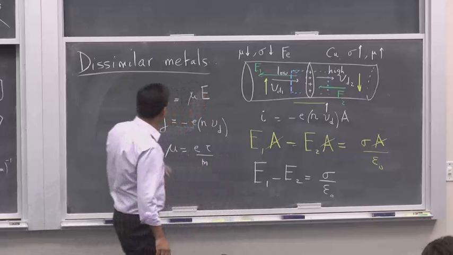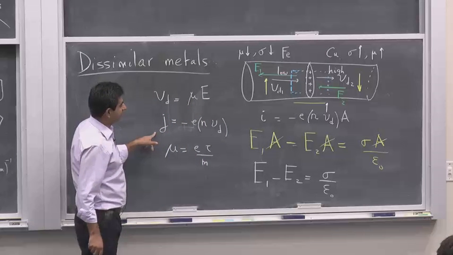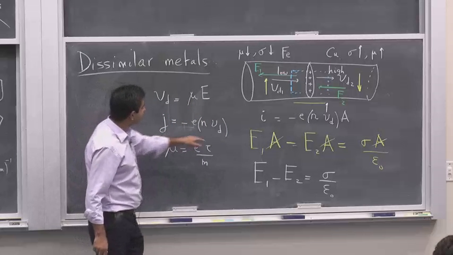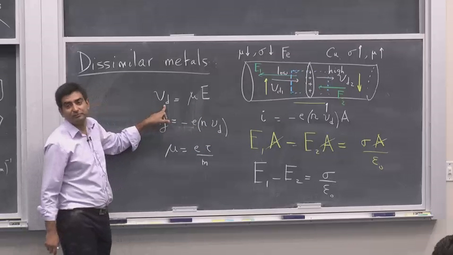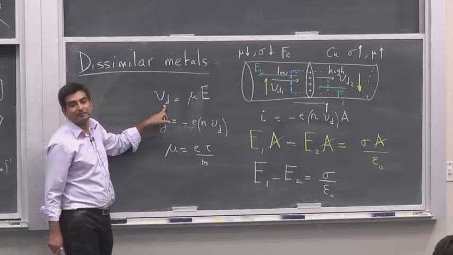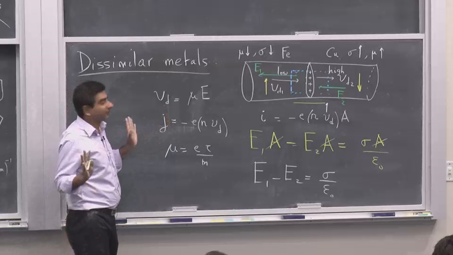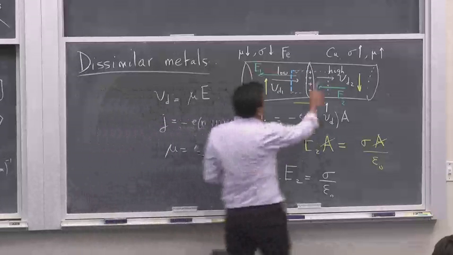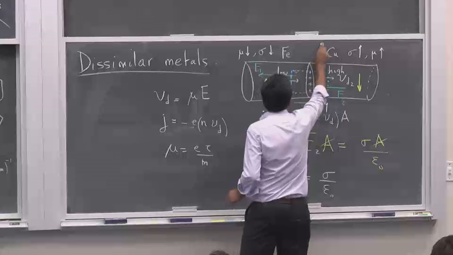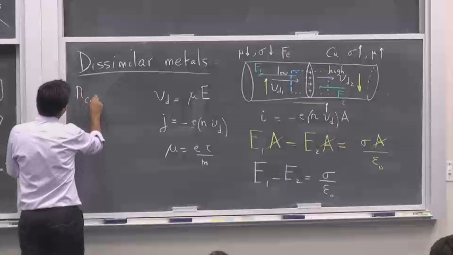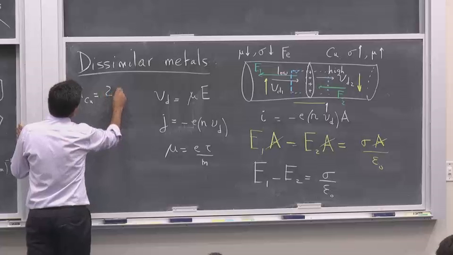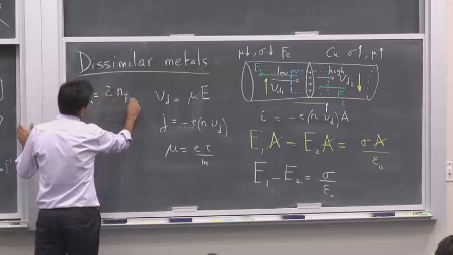Now if you would like to keep the J's constant, you will have to adjust the electric fields such that the VDs are in the proper ratio. Okay, suppose copper has an N and iron has an N. Suppose N of copper is 2 times N of iron. Now this is just a supposition.